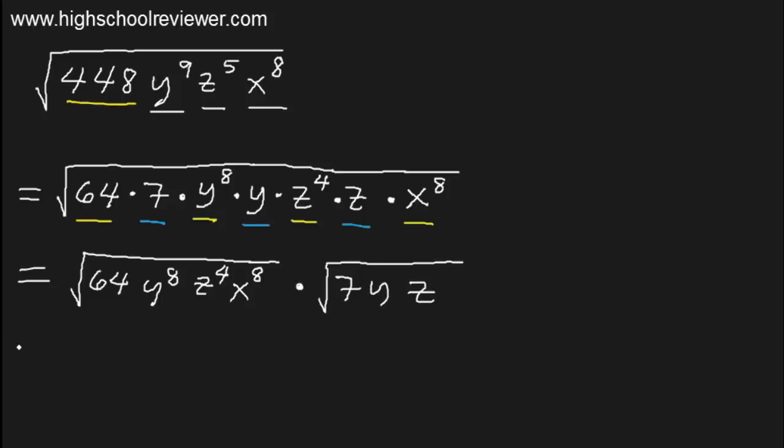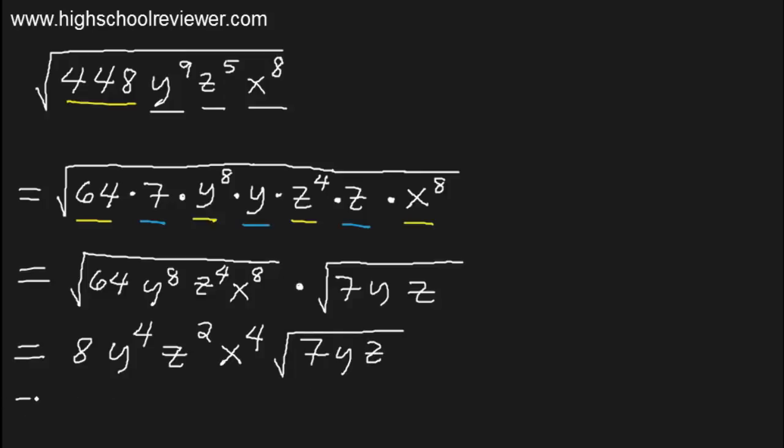So we can now simplify. The square root of 64 is 8. The square root of y raised to 8 will be y raised to 4. The square root of z raised to 4 is z raised to 2. And the square root of x raised to 8 will be x raised to 4. We cannot simplify the square root of 7yz, so we will just copy this.